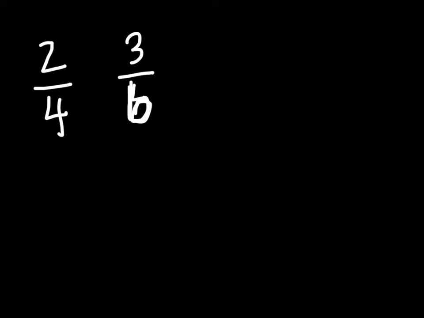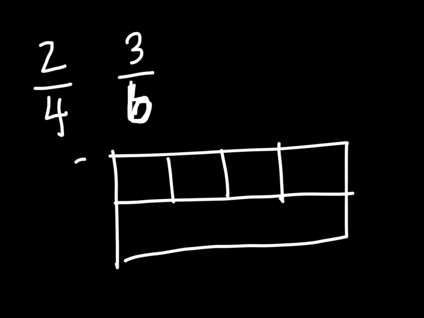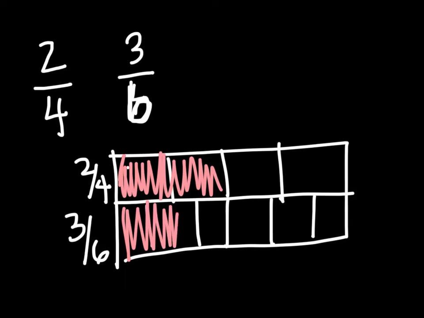Well, I can just draw two fraction bars, one with 4 parts for 2/4 and one with 6 parts for 3/6, and then I would shade both in to identify that they actually are equal, so that 2/4 is equivalent to 3/6. That's one way to find equivalent fractions.